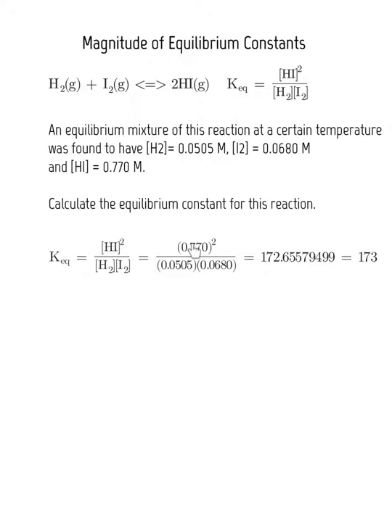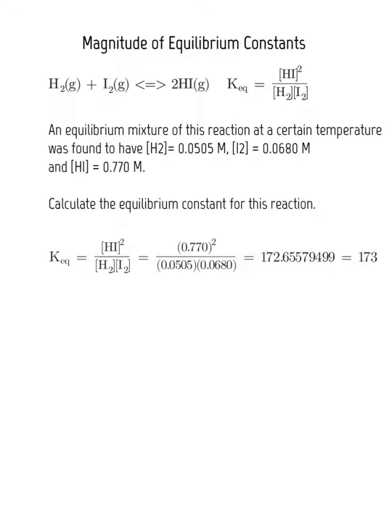We have a bigger numerator, which means that we have more of the products, and a smaller denominator, which means we have less of the reactants, and that's why our number is coming out as 173. We are usually comparing our numbers to 1, and so we see that 173 is much greater than 1, so we have more of the products than the reactants.